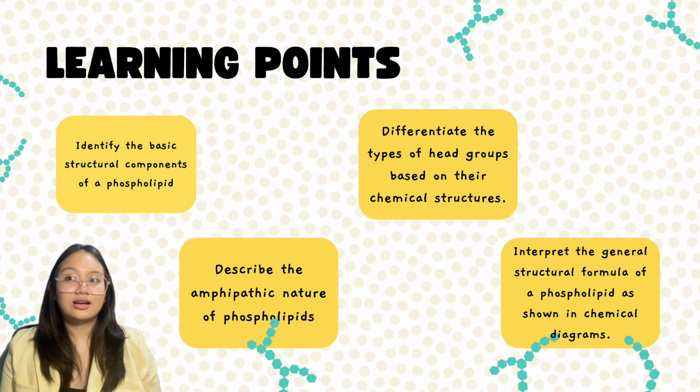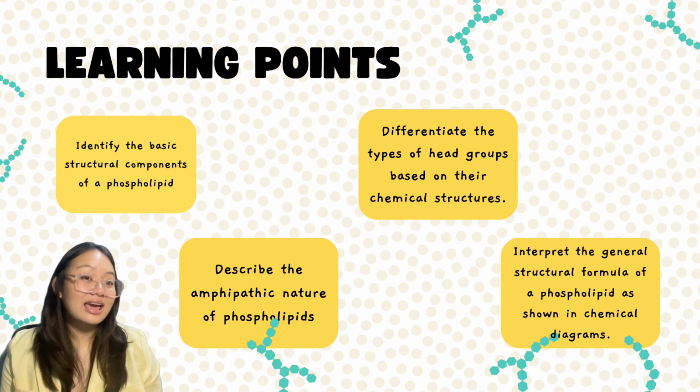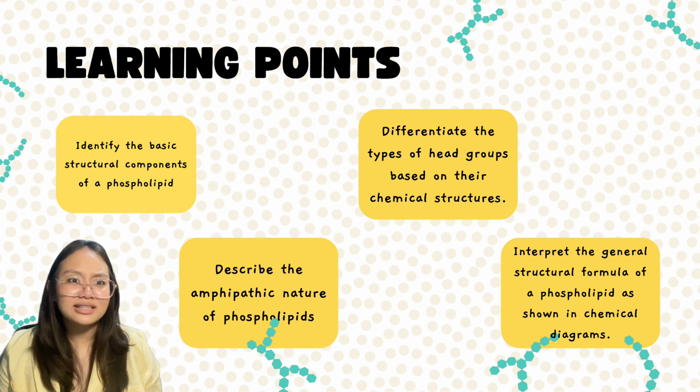And for the third, differentiate the types of head groups based on their chemical structure. So, the choline, the serine, and then the ethanolamine, right? For choline, we have the N positive, for serine, we have the NH2 and COO negative, and for ethanolamine, we have NH2.